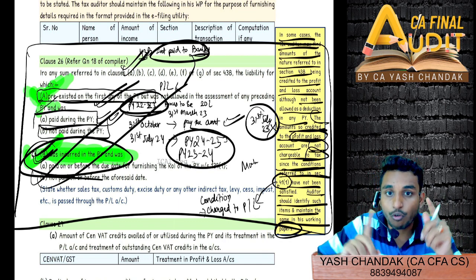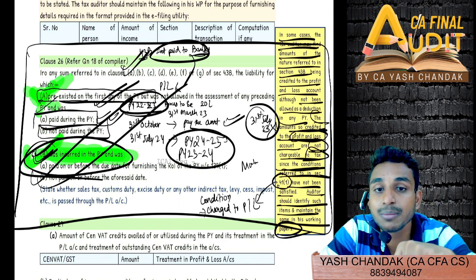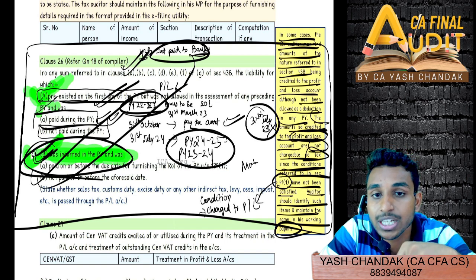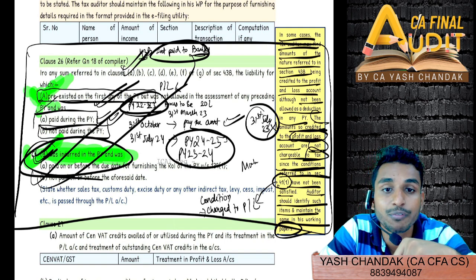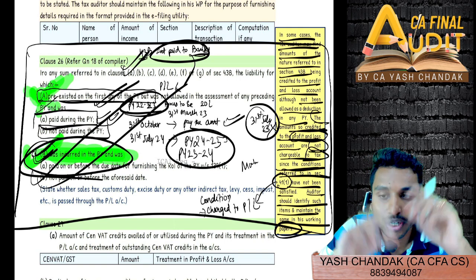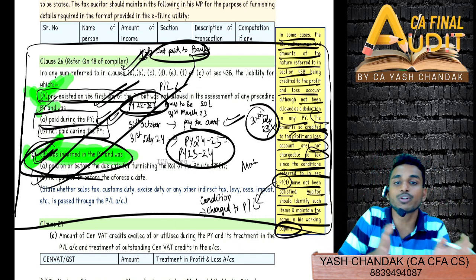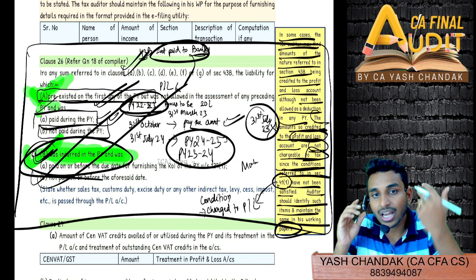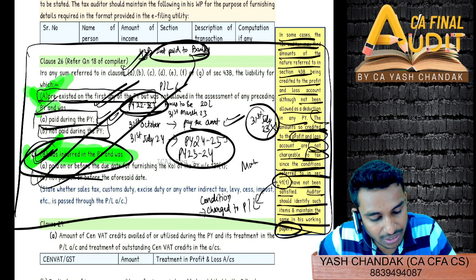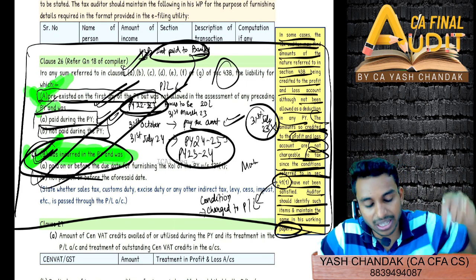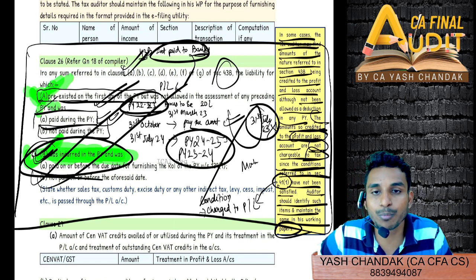But section 43B looks at the actual date of payment versus the due date of return of income. If you pay before the due date of return of income, you will be allowed the deduction. So the section 43B amount which we added back will be a wrong report here.